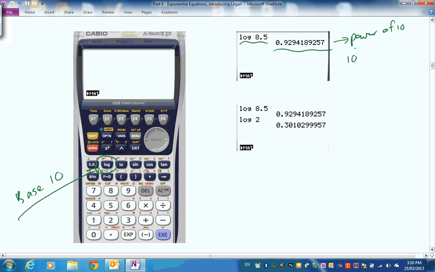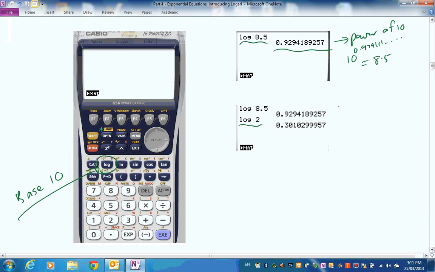So in other words, 10 to the 0.92941, etc. will give the number 8.5. Okay, and actually then you can go on and work out the log of 2 and so on. So that's what we're going to do in this little section.